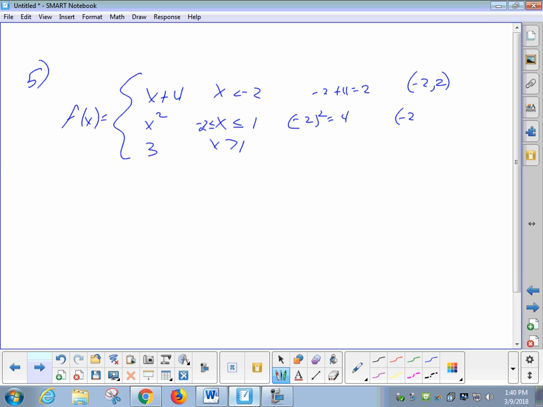This guy picks up at negative 2, 4, so it's definitely not continuous at negative 2. When this guy ends, it's at a y of 2, but when this guy starts, it's at a y of 4. See what I mean?